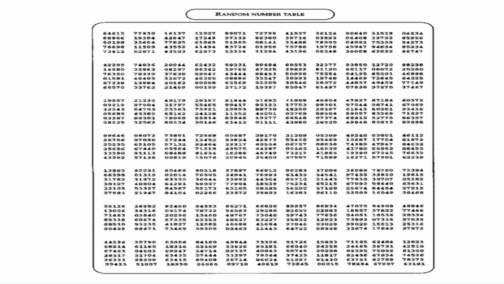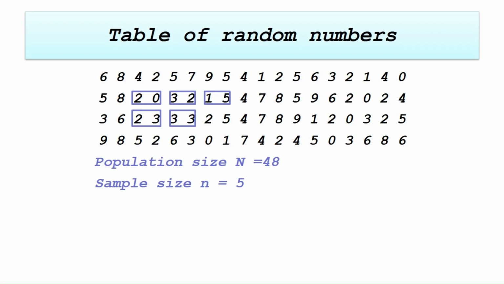This is our sample of a random number table. We can get it from Google. We take a part of the random number table.